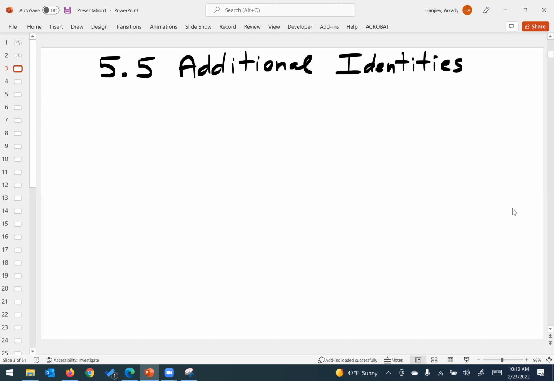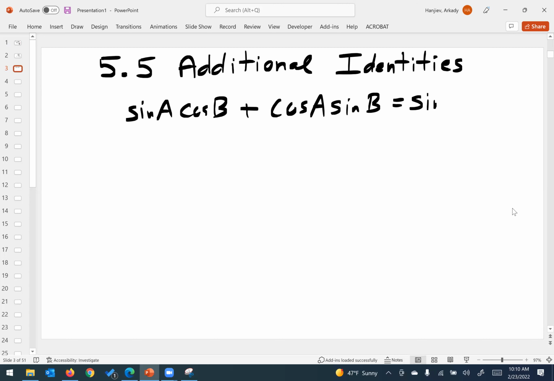Okay, so two different sets of formulas come out. Let's go with it. Have you guys seen this formula before? Sine of A cosine B plus cosine A sine B. That is the sum formula for sine.